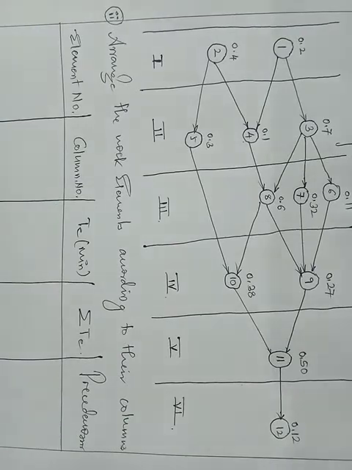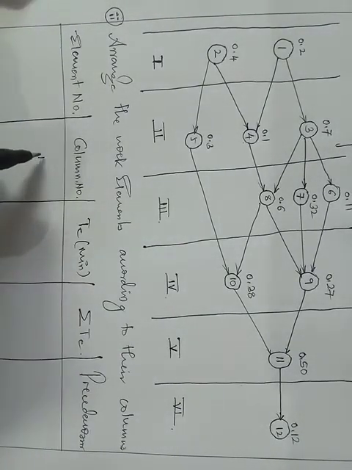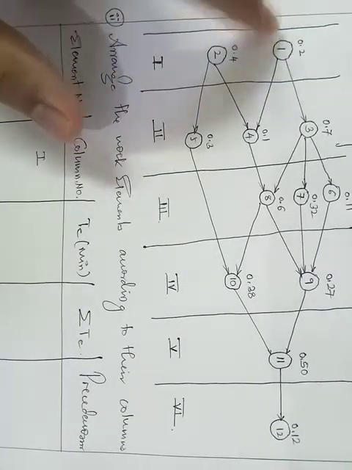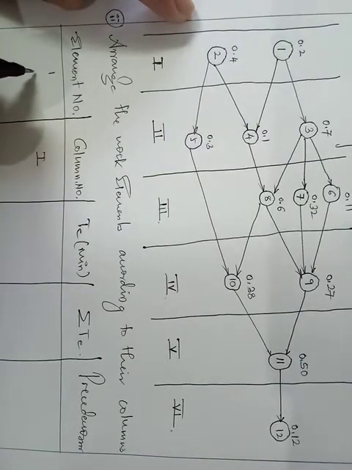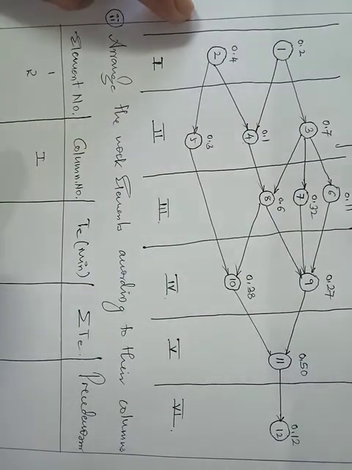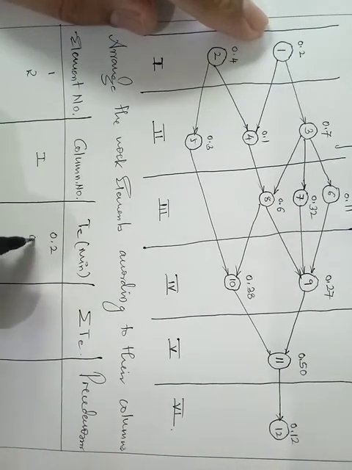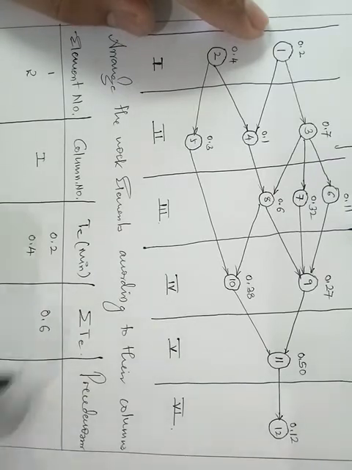Okay, and let me start with column number 1. So I'll write column number 1 over here. In column 1 you are having two elements, 1 and 2. So I'll write 1, I'll write 2. Element times I have noted here, I'll write 0.2, 0.4. So you are having 0.6.